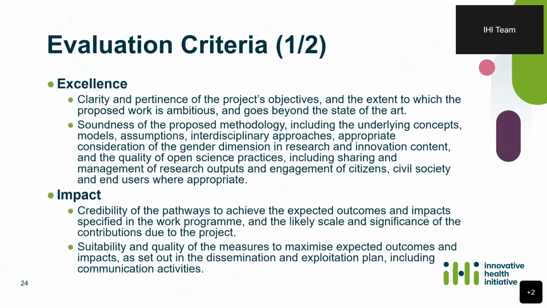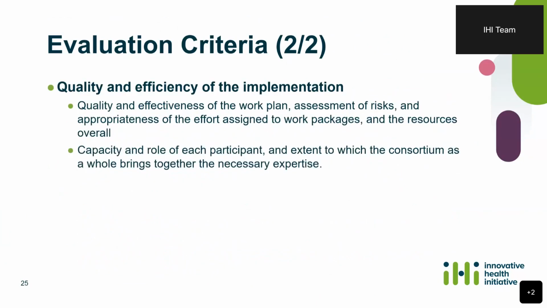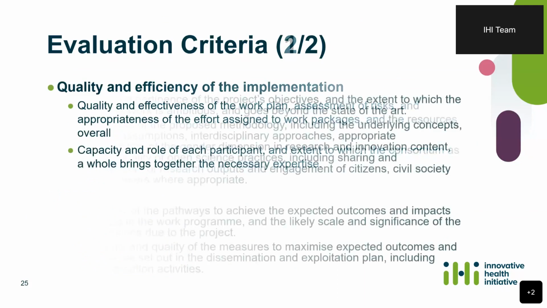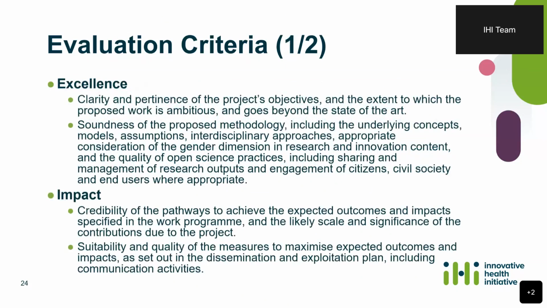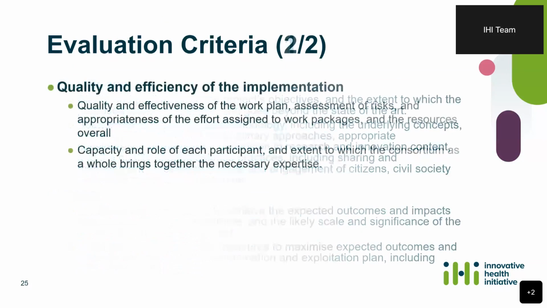I'm not going to go into details, but I wanted to show you these evaluation criteria because they are really key. You really need to make sure that when writing your proposal, using the topic text requirements, that you clearly address all the points also in relation to these evaluation criteria, because these are the criteria that will be used by the panel of independent experts to assess your proposal.